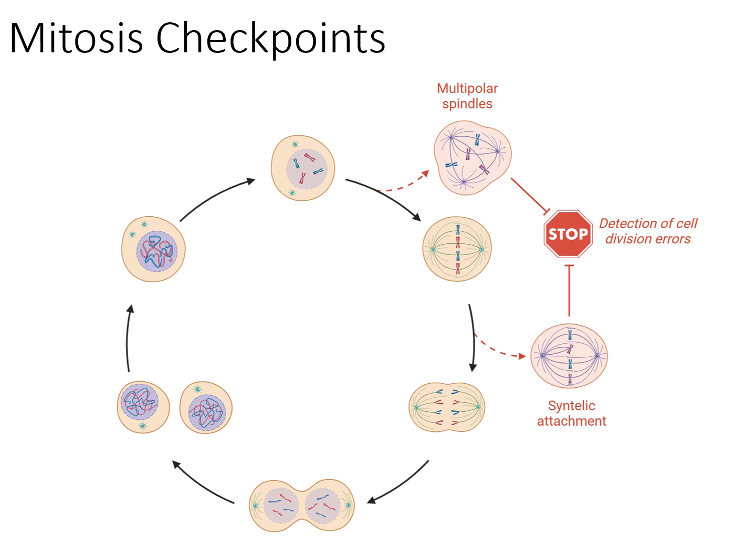Just as there are checkpoints in the cell cycle itself, there are checkpoints that are very specific to the phases of mitosis. And this diagram here shows you some of the most common issues with the metaphase plate and with the mitotic spindle, which are the 2 most common things.